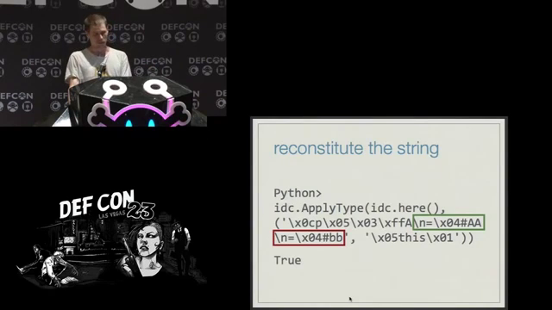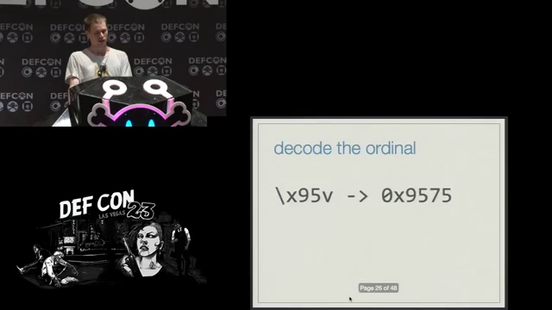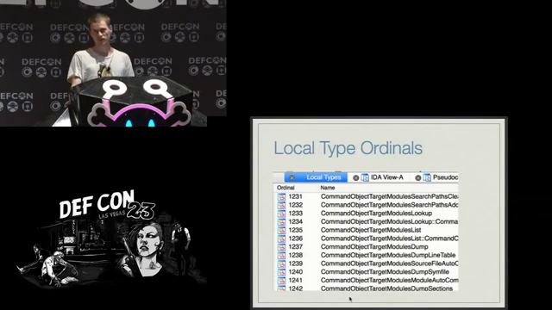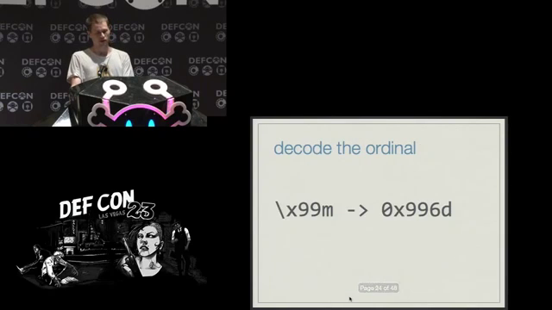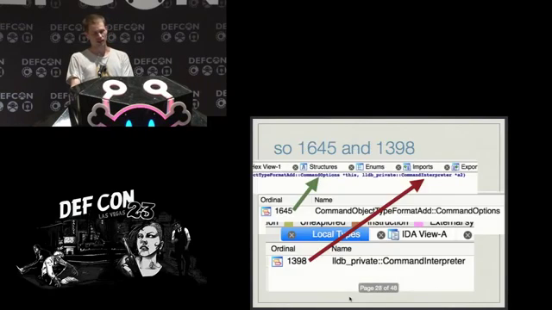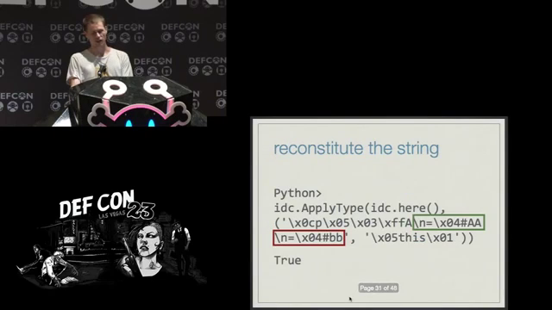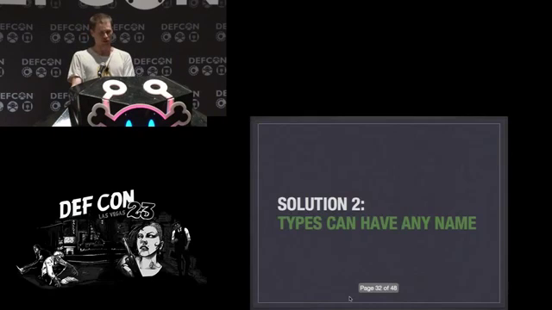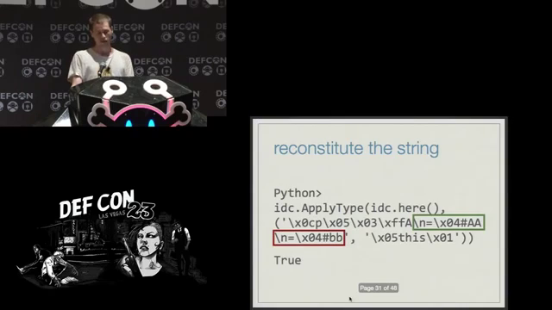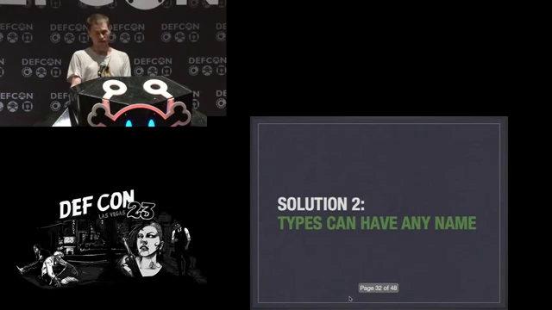So if, say, from a PDB into your local types, you've already gotten types that have templates in them, now you can just replace the ordinals in that string you got from IDA, and it still works. You magically get the proper types in there. That's one way of doing it. Sometimes that's a good way. Sometimes you want to do it another way.